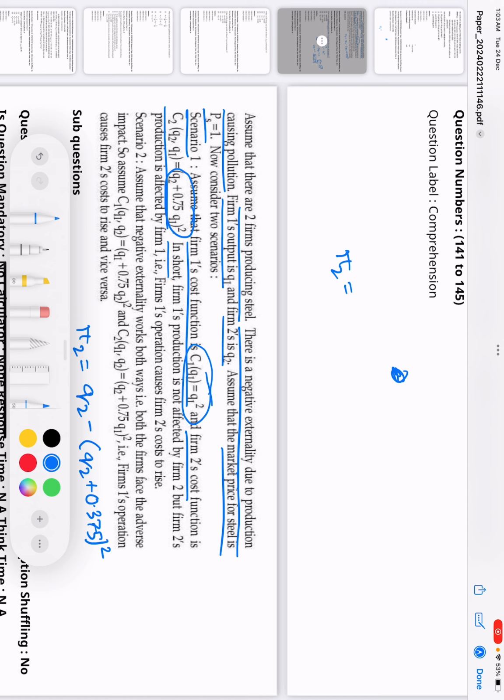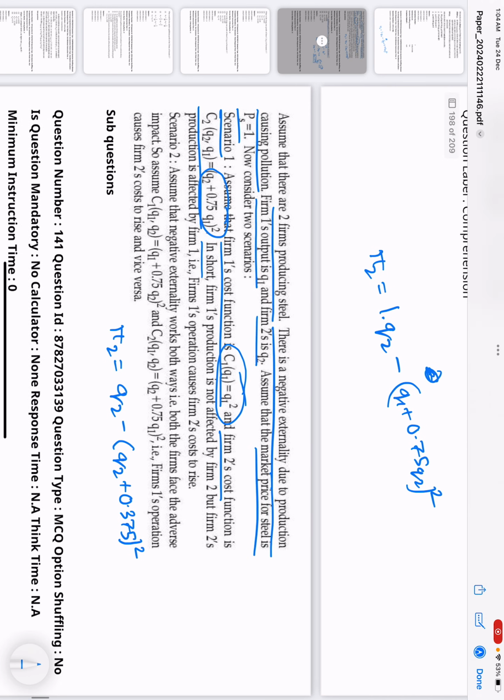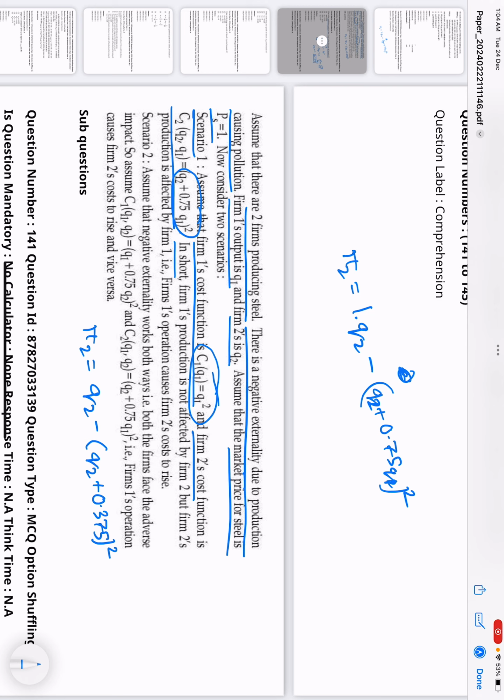So the profit of the second firm is 1 into Q2 minus (Q2 plus 0.75 Q1) square. So del pi 2 by del Q2 is 1 minus 2 times (Q2 plus 0.75 Q1) into 1, the coefficient of Q2.